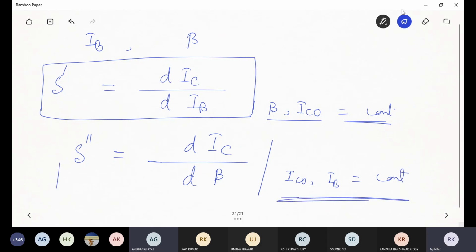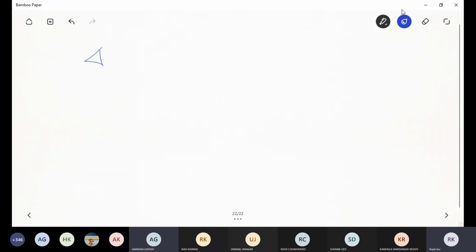So individually you calculate these three contributions of change onto IC, and then the final output, the change in collector current, will be S into change in ICO, because S is defined with respect to ICO. S dash is defined with respect to IB, and IB is actually a direct function of VBE, and we have already discussed how you can calculate IB.